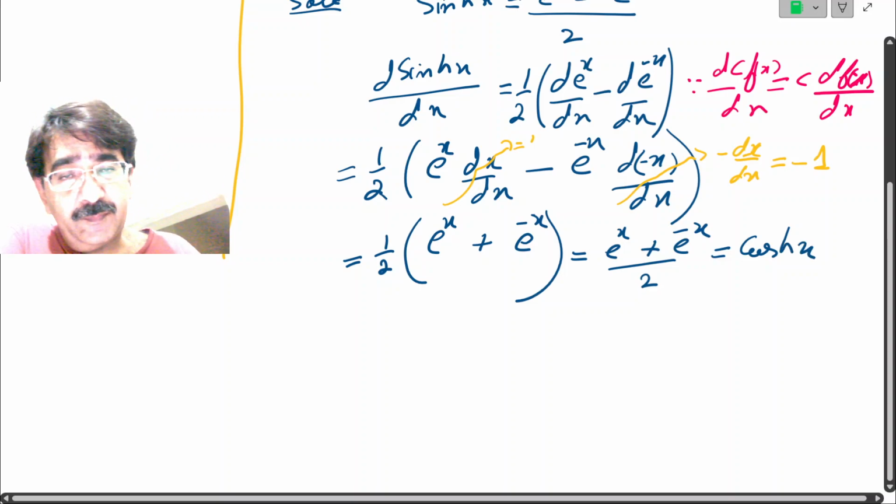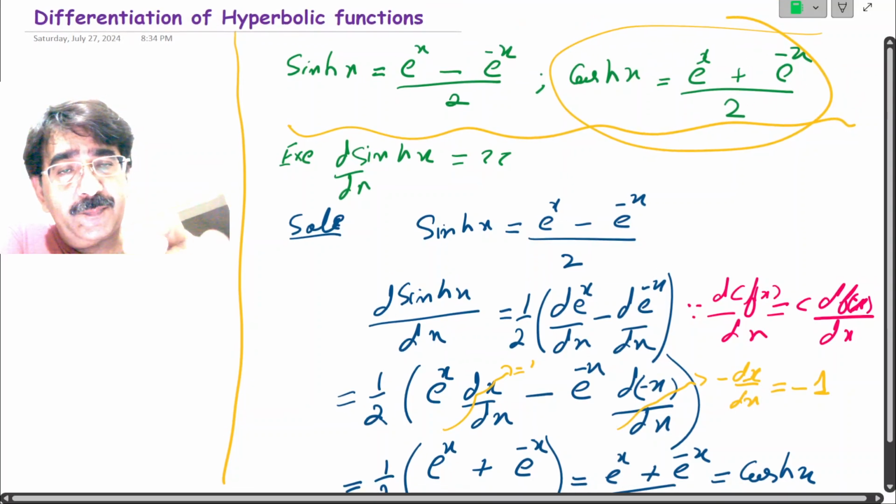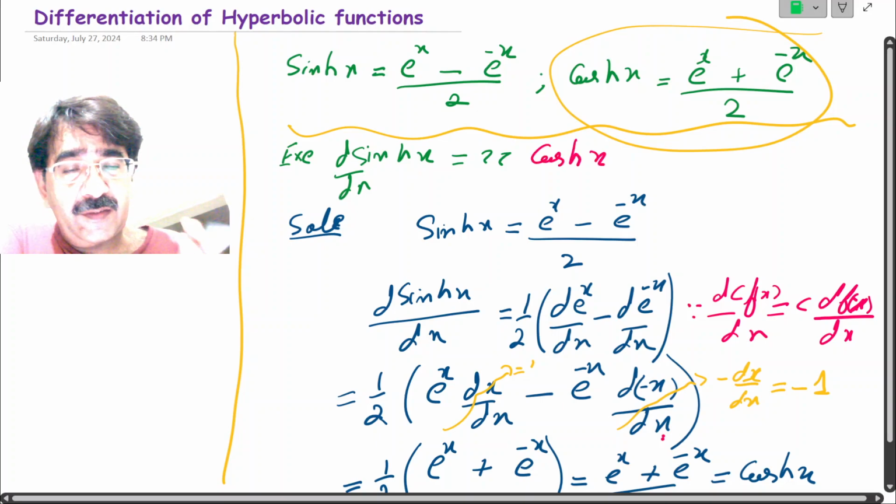So we have proved that the derivative of sinh x is equal to cosh x.